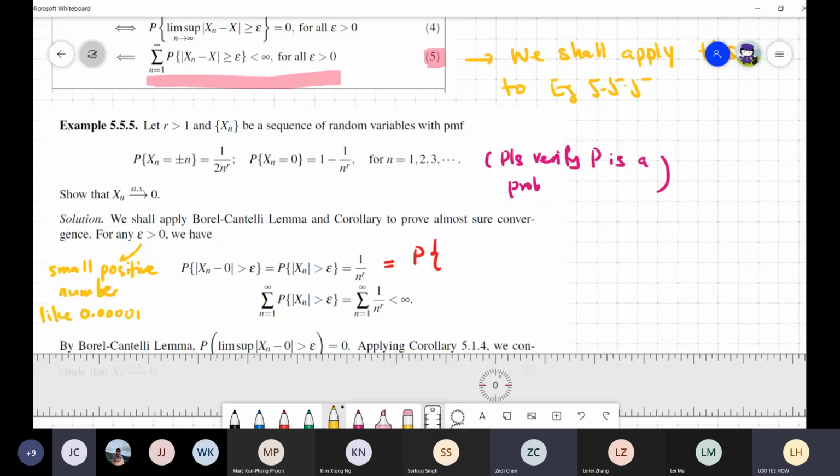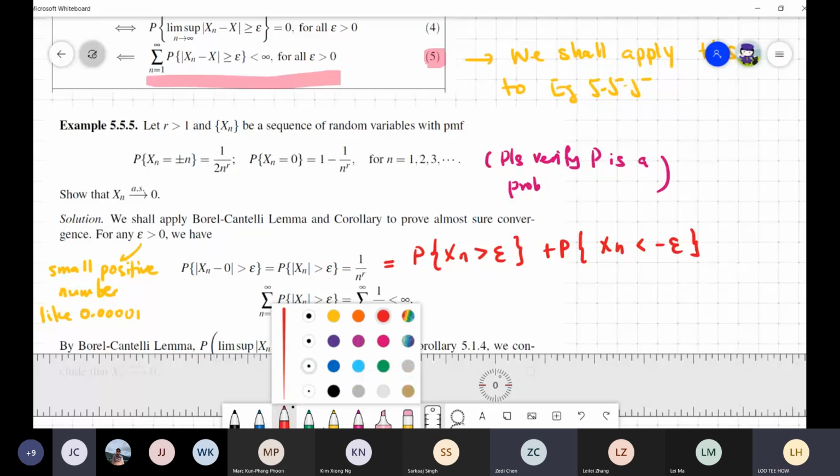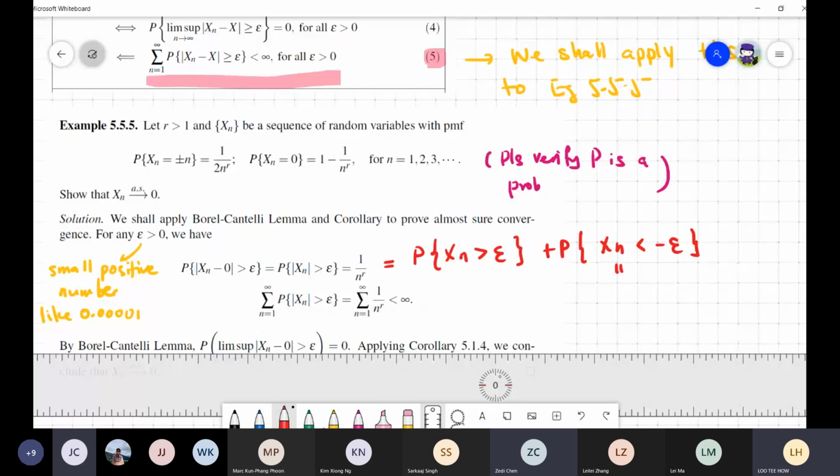So for this case, P of Xn greater than epsilon is actually P of Xn greater than epsilon plus P of Xn less than minus epsilon. That means we exclude this and only look at this part. Therefore this will equal 1 over 2 n^r plus 1 over 2 n^r, so this is how we get this value.